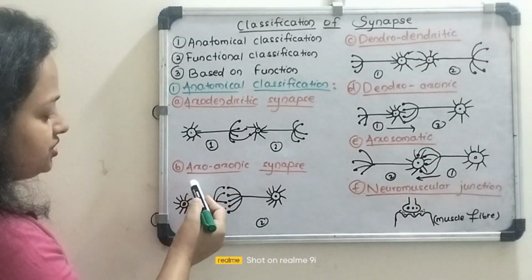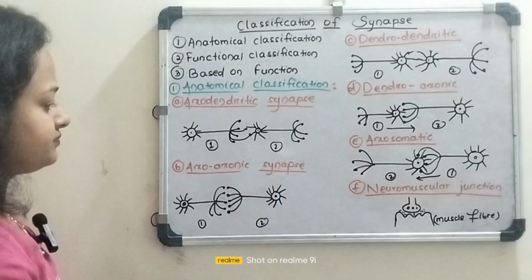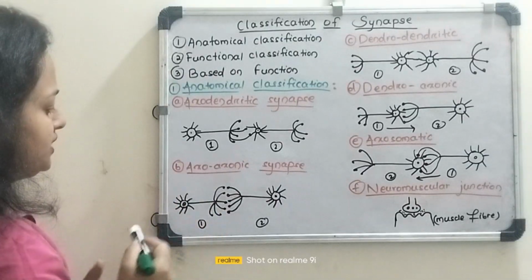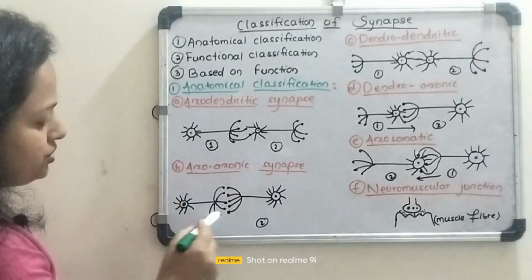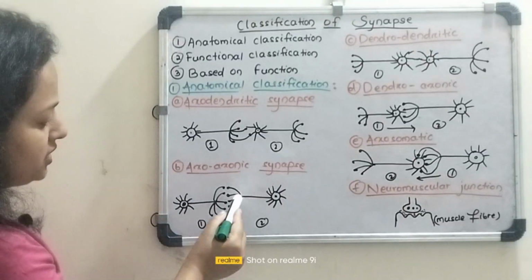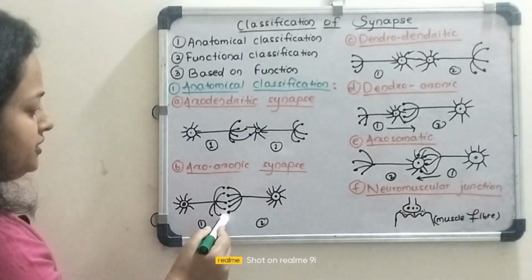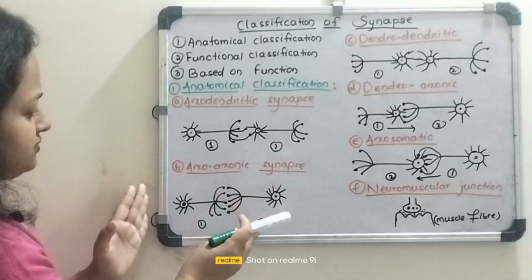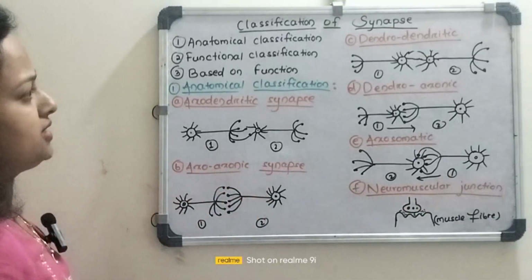Next is the axoaxonic synapse. This synapse forms between two neurons, the axon of the first neuron and the axon of the second neuron.